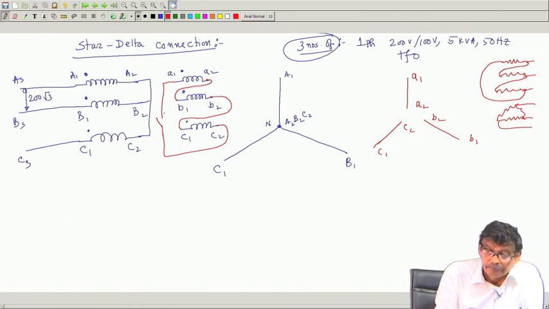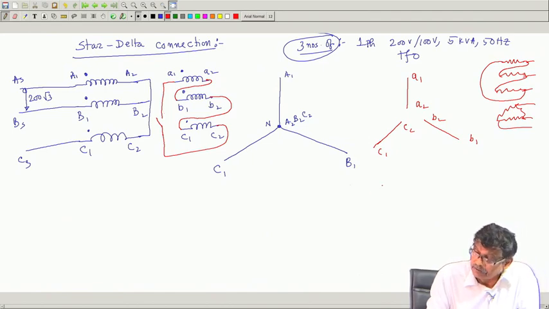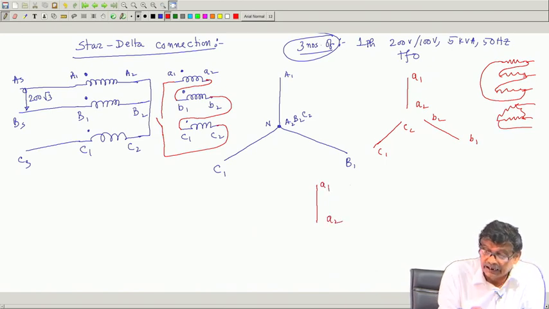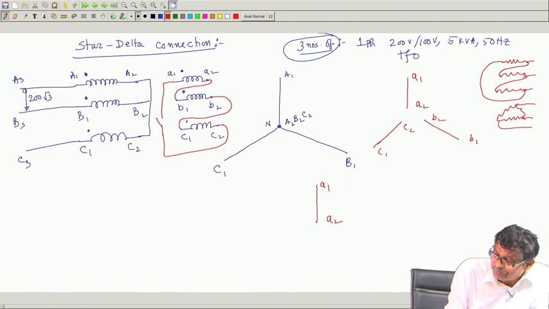For example, here was A1, A2, I draw that once again A1, A2, but I have connected A2 with B1. So, what I will do? I will shift this phasor here, keeping it parallel to this, and put this B1, B2 here.